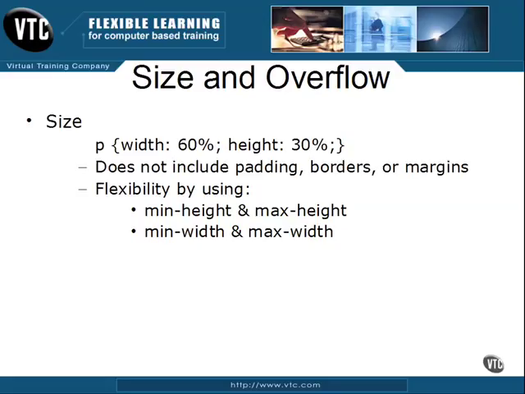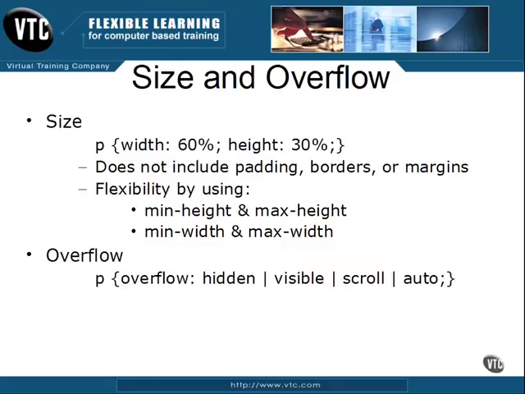If that happens, we need to take control of that situation with our overflow property. Now, essentially, what the overflow property will do is it will control what happens to the content when it is larger than a defined content region.